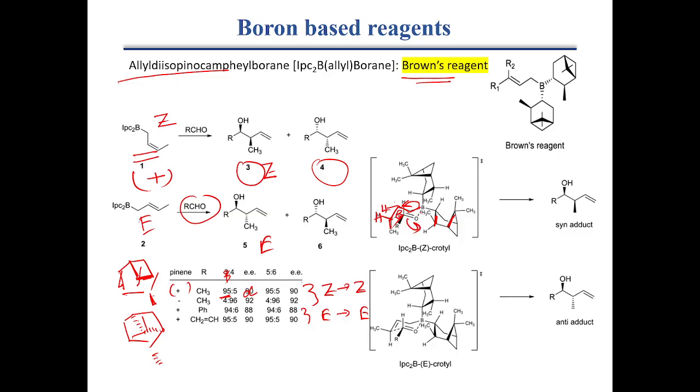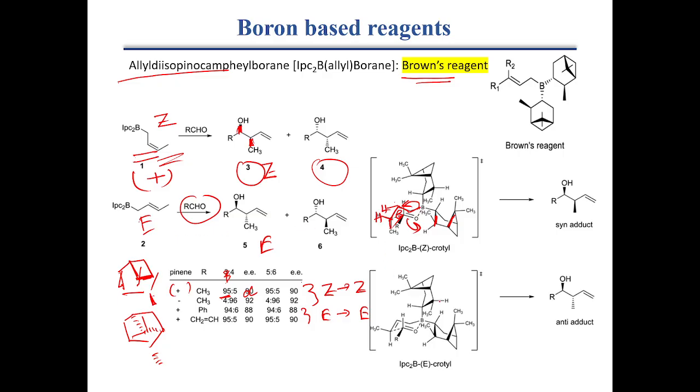As the beta face is blocked, the reaction occurs from the alpha face, and thus we are getting this OH as beta, and this is Z, as we are using a Z allyl group.